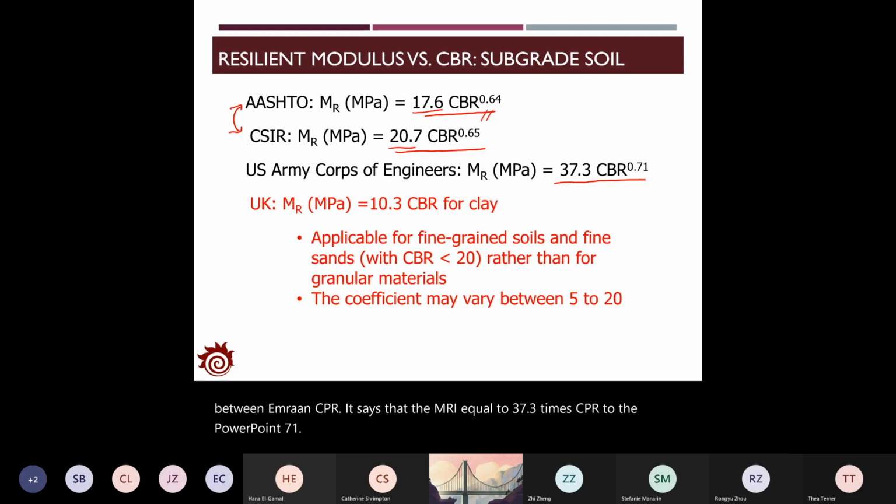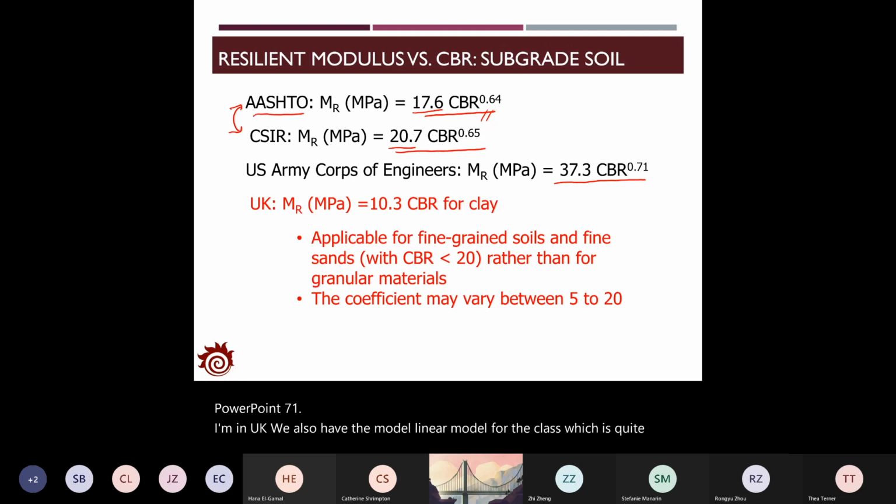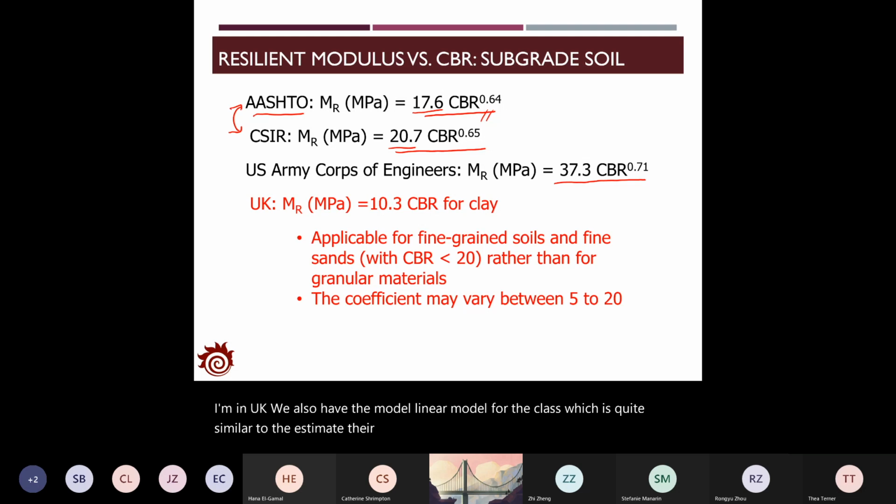In the UK, we also have a linear model for the clays, which is quite similar to the linear model from the Ashton. They say that MR equal to 10.3 times CBR, but this is only applied to the fine-grained soil and fine sands with the CBR less than 20.